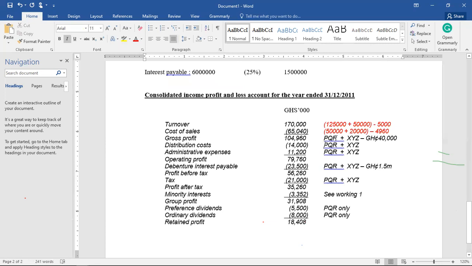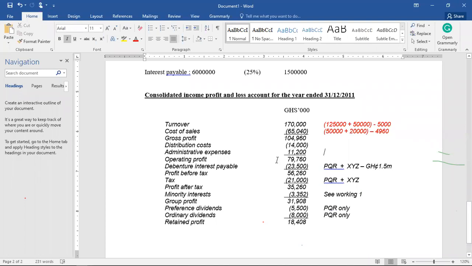Distribution costs is the same. Distribution costs, you are given there to be 10,000 and 4,000, so you get 14,000.